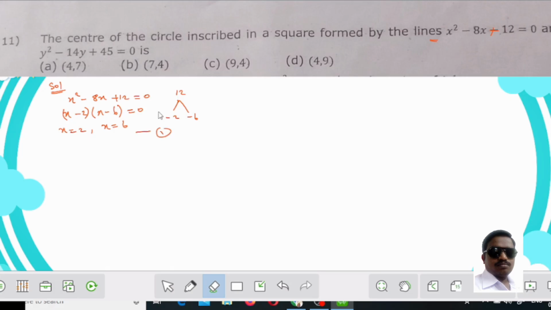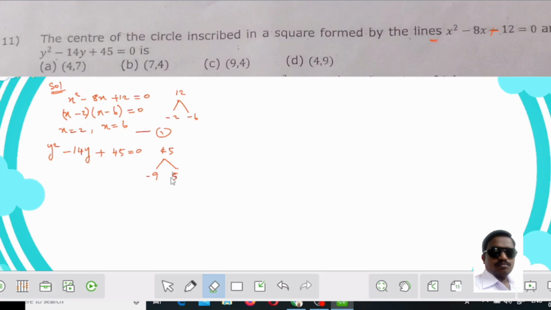In the same manner, the second equation will also give two equations of straight lines: y square minus 14y plus 45 equal to 0. To factorize this, 1 into 45, 45. The addition should come minus 14, right? So you may write 9 and 5 for 45.